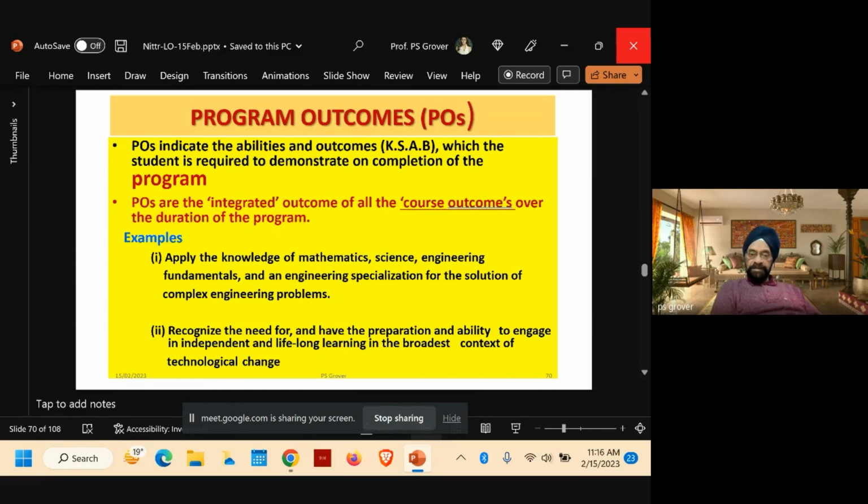In that context, please see, depending upon what the student should be learning. So in the context of an engineering program, see this example of a program outcome: apply the knowledge of mathematics, science, engineering fundamentals and engineering specialization for solution of complex engineering problems. So these are the learning outcomes at the program stage after 3 years, 4 years, and so on.